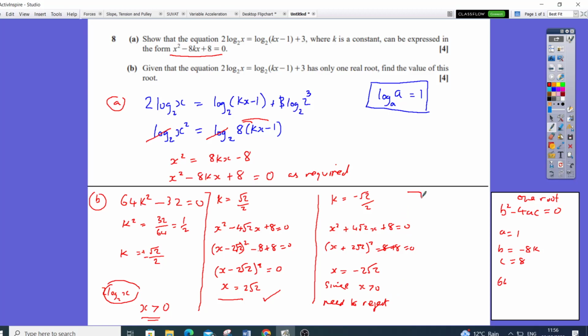So therefore, the only root is x equals 2 root 2. So that's the only root that's going to exist.